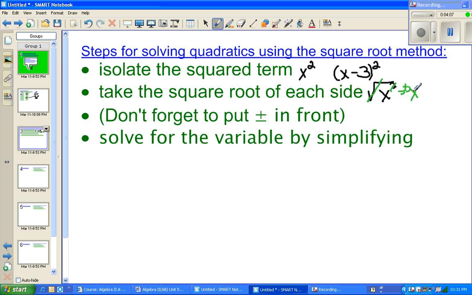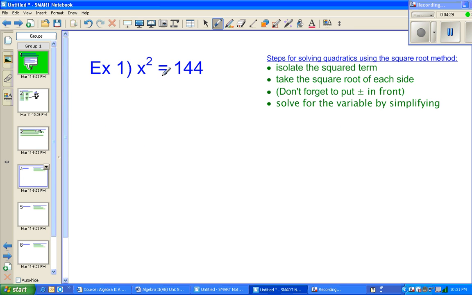It's actually plus or minus x. That square root was not originally part of the problem. I chose to put it there in an effort to get rid of a square, so the answer must be plus or minus. And then the last thing would be if your variable is not by itself, at that point you're going to want to get the variable by itself. So let's put these steps into use.